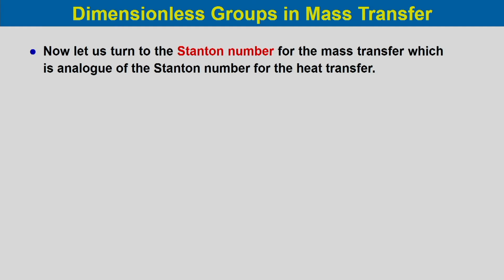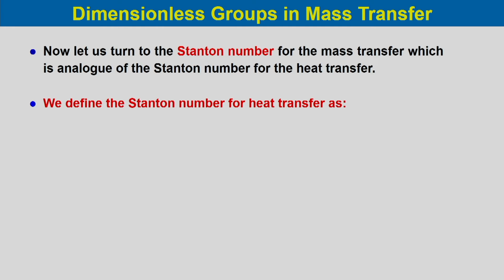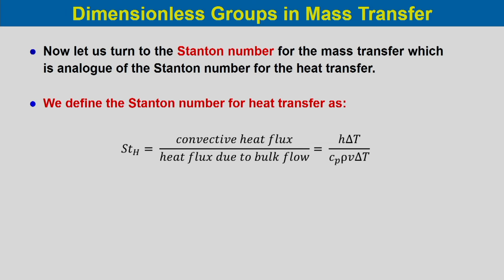Now, let us turn to the Stanton number for mass transfer, which is analogous to the Stanton number for heat transfer. In case of heat transfer, we define it as the convective heat flux divided by the heat flux due to bulk flow.